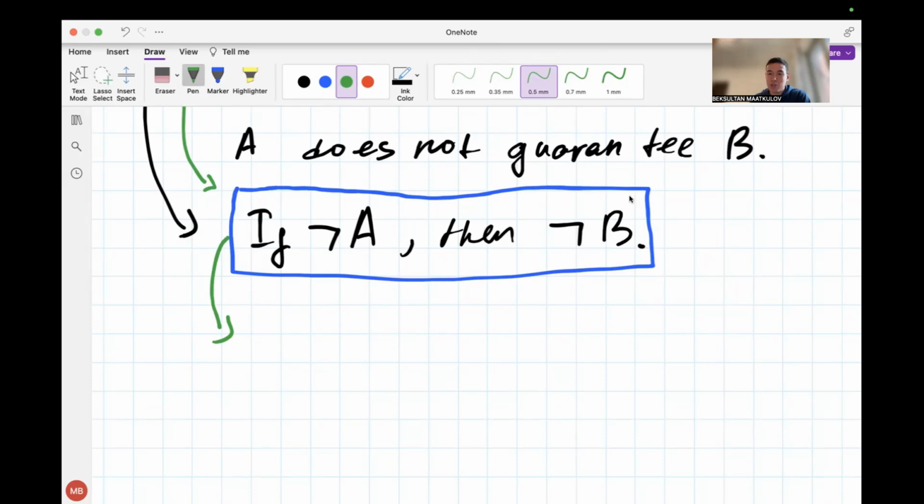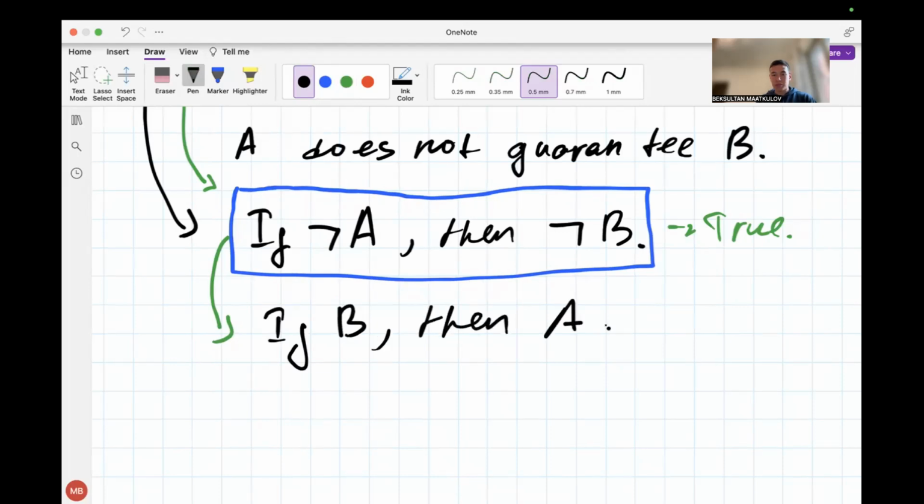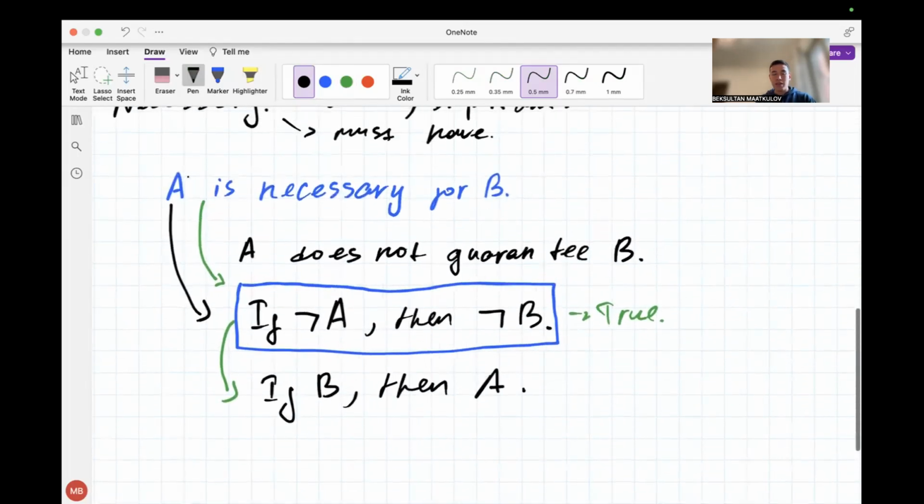If this statement is true, what else can you say? If B, then A. Perfect. You're taking the contrapositive statement. Basically, you are swapping B and A and then negating them. But since you have double negation, you will just remain with if B then A. And basically, if A is necessary for B, let's imagine you already have B. If you already have B, it means that you have A as well, because without A, you cannot receive B.